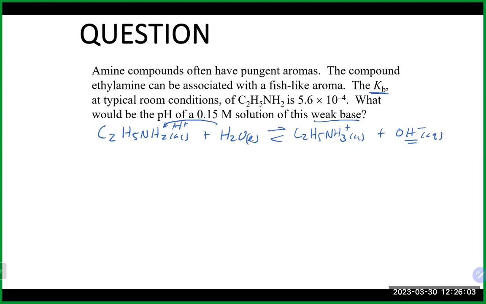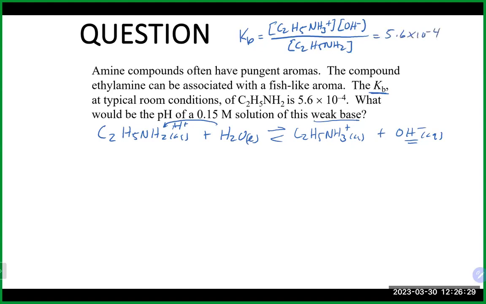Because this is a Kb here, our Kb expression would be the concentration of our product over our reactant. And again, this equals our Kb value, which was 5.6 times 10 to the minus 4 in this case.